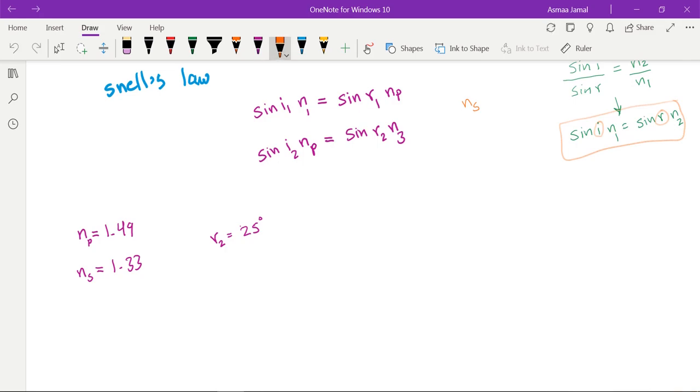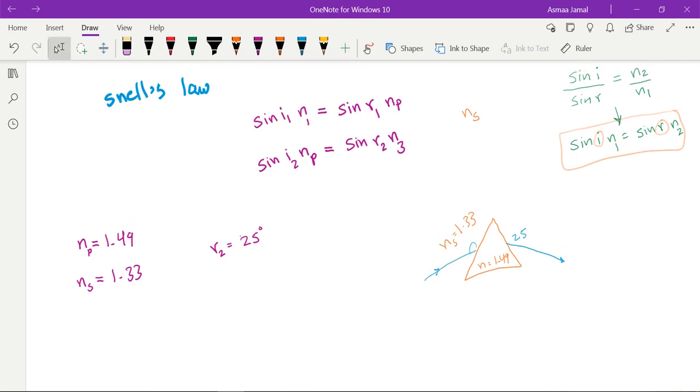So we can draw it to make it easier. That prism with refractive index 1.49 is placed in water with refractive index equal to 1.33. The light here emerged with an angle of 25 degrees and we need the incident ray here. By using Snell's law and knowing the apical angle, we can find that missing incident ray.